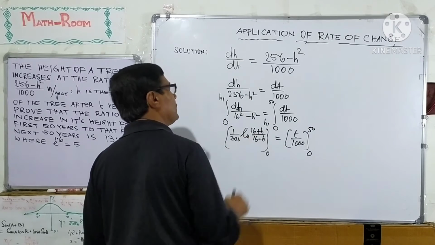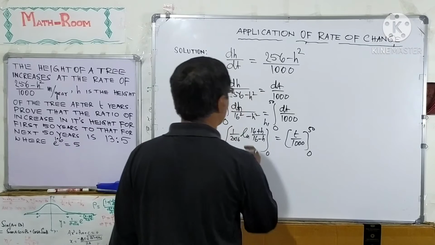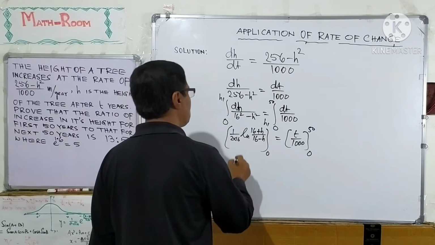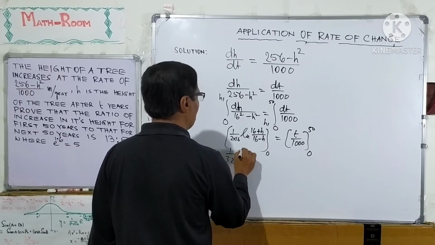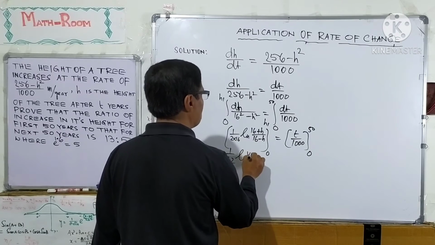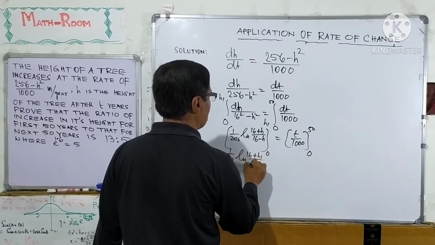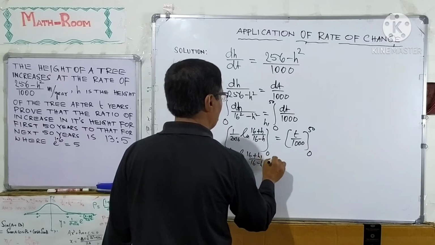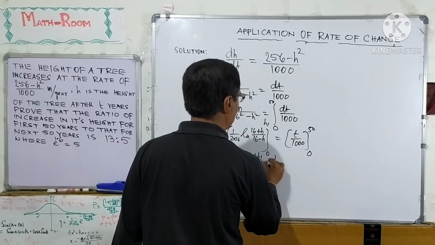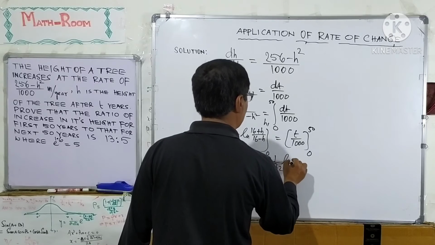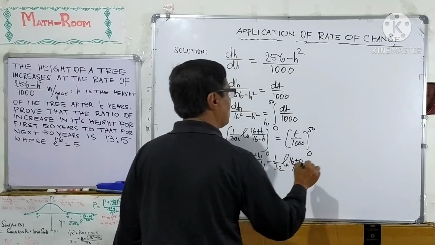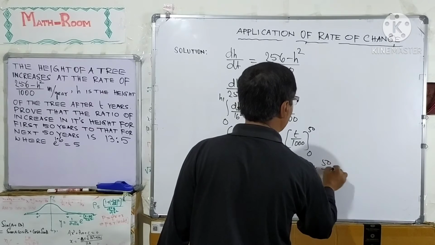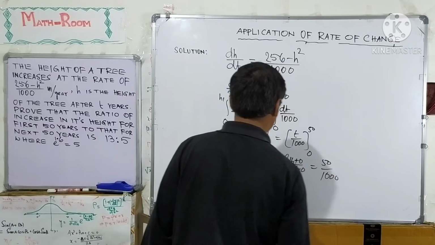If we put these two limits on both sides, we get 1 over 32 natural logarithm of (16 plus h1) over (16 minus h1), minus 1 over 32 natural logarithm of (16 plus 0) over (16 minus 0), equal to 50 over 1000.